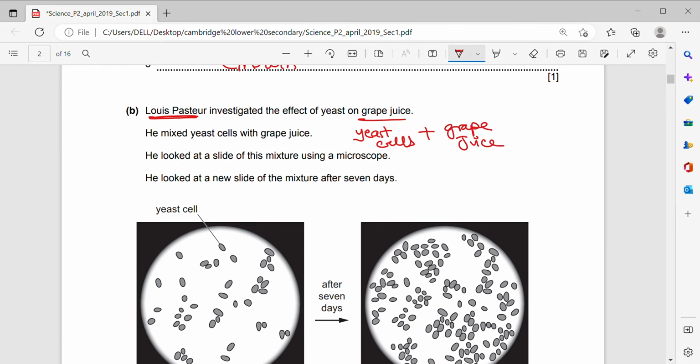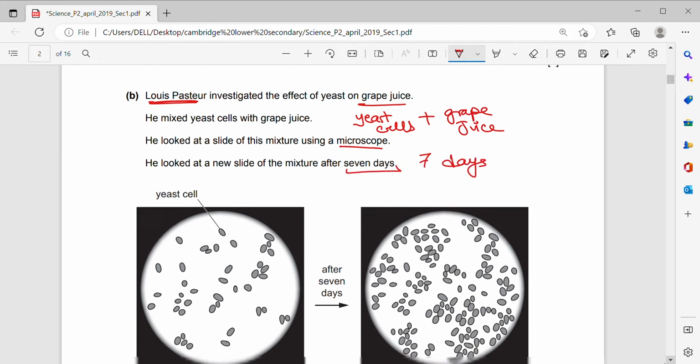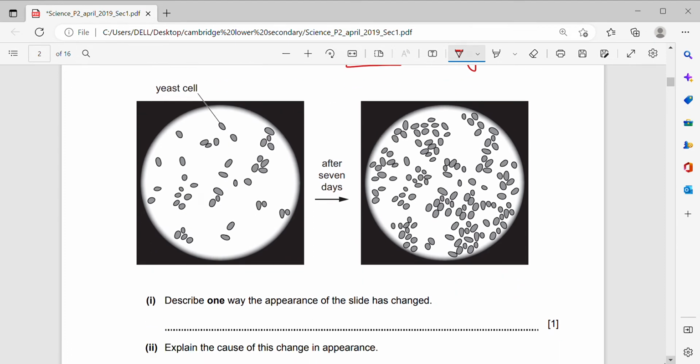He looked at a slide of this mixture using a microscope. He looked at a new slide of the mixture after 7 days. طيب نبص للpictures. اليست cells هنا في الأول، وهنا after 7 days. حصل إيه after 7 days؟ لو بصينا هنلاقي we have here more yeast cells.